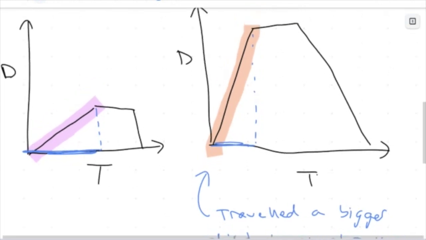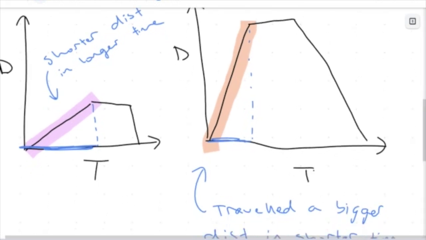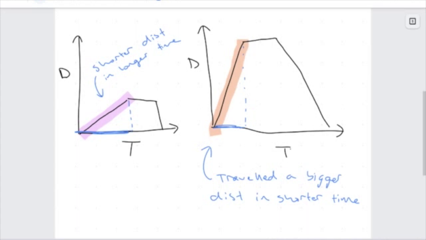And this one on the left, well, I have traveled a shorter distance, when compared to the one on the right, shorter distance in longer time. Now, what does that mean in relation to speed, right? Because when I go fast, right? If I'm driving my car really quickly, I'm covering a big distance in a shorter amount of time.